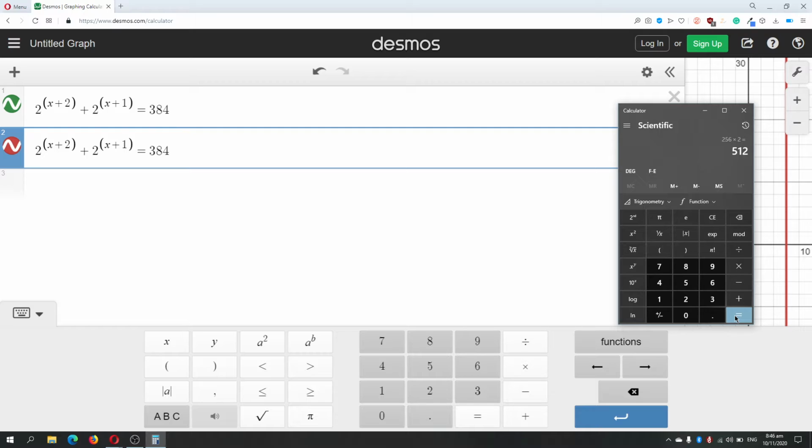So, anong gagawin natin? We will try to solve it, hindi na by using the right side, kundi using the left side. So, how can we do that?